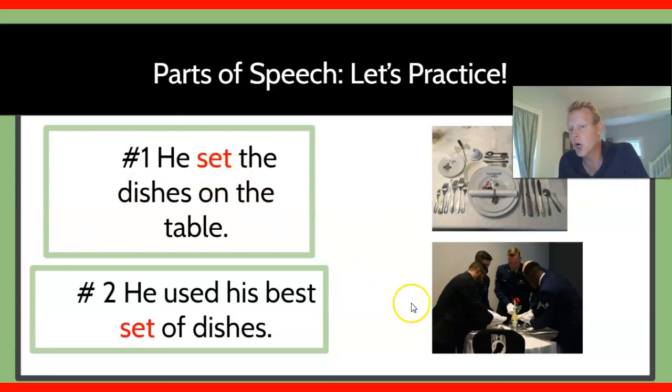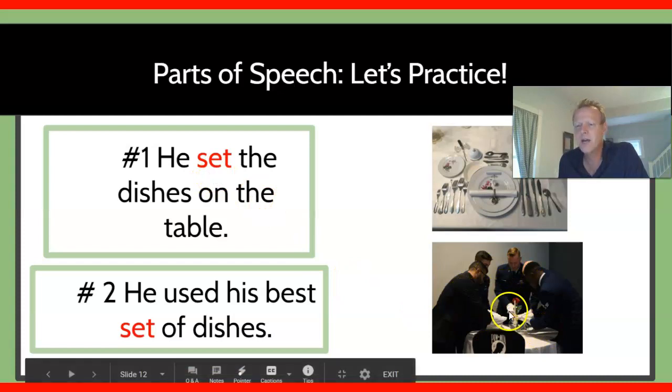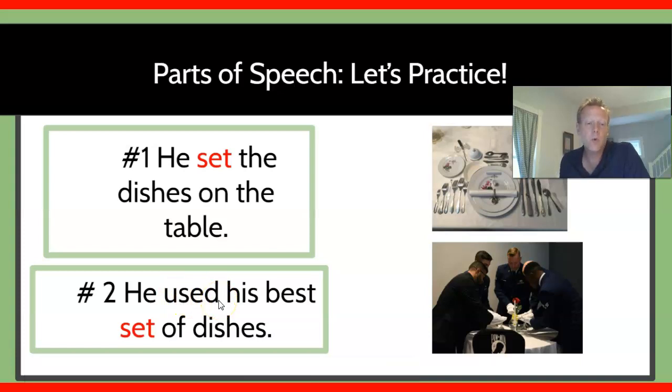See these dudes? They are setting the table. So that's action. Here, he used, here's my subject. Used is my verb. Used what? His best set of dishes.